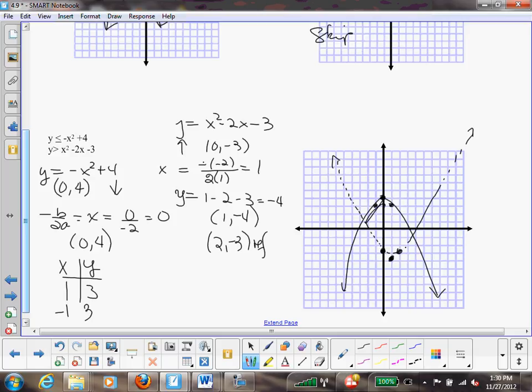So that means our answer is right in between those two parabolas. So again, the one that points down was inside, yes. The one that points up is inside. So where is the area that's inside for both? That little area right there. If double shading helps, then do double shading. Okay?